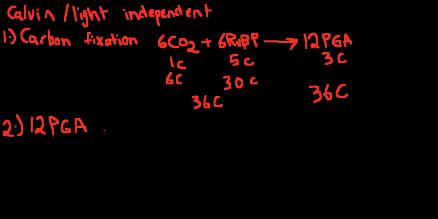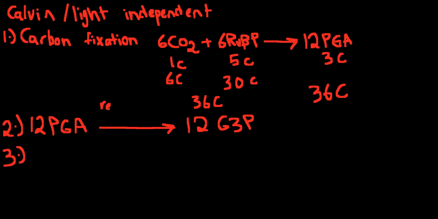So ultimately, those 12 PGAs are going to become 12 G3Ps. Okay, so now we can go to the third step. Here I'll put redox plus phosphorylation.